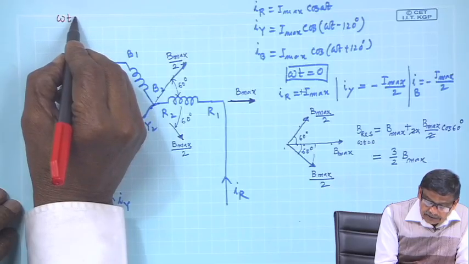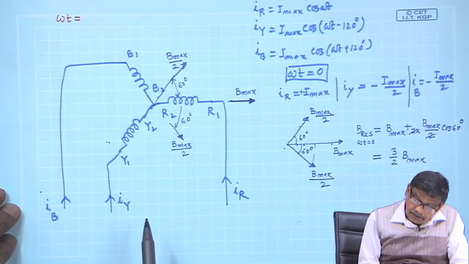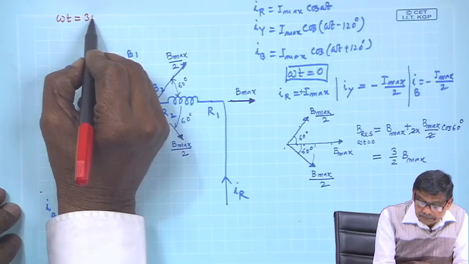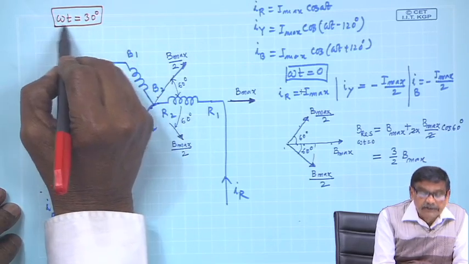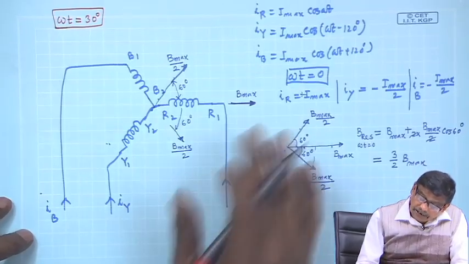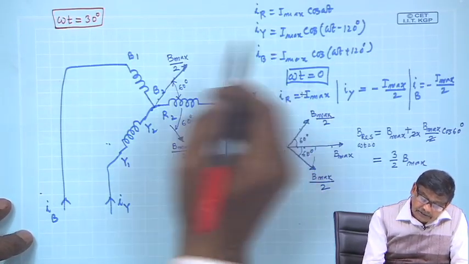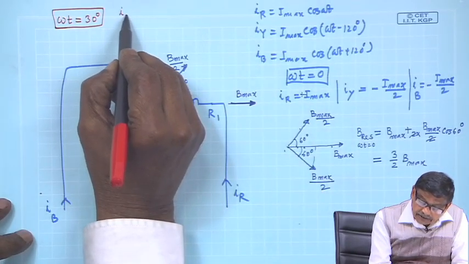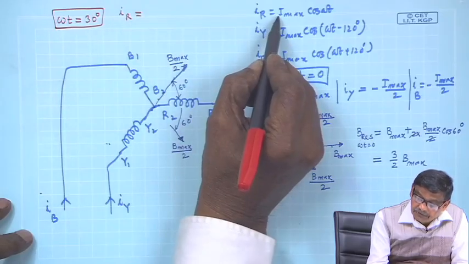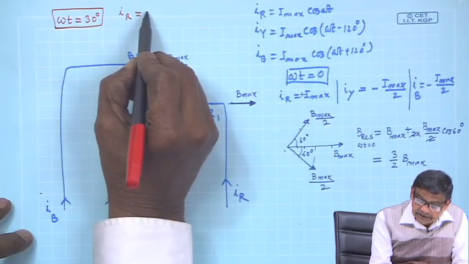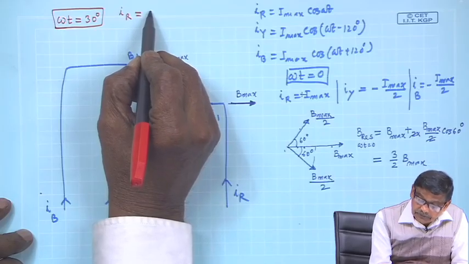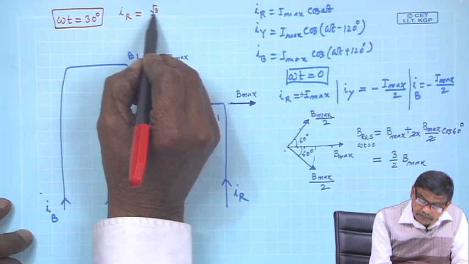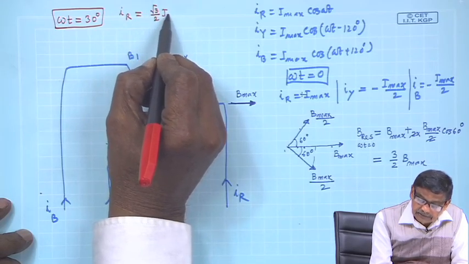Suppose omega t is equal to 30 degree. Time passes such that omega t becomes 30 degree. So, if omega t becomes 30 degree, then the value of I r, first we calculate from this, I max cos 30 degree. Cos 30 degree is root 3 by 2. So, it will be root 3 by 2 I max.